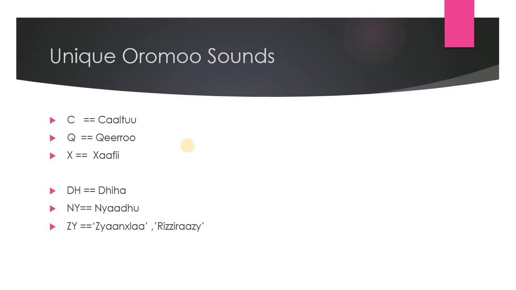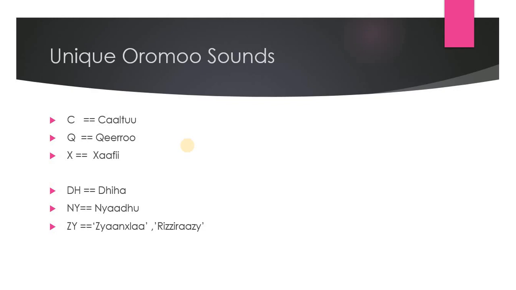B, D, F, G, H, I, J, K, L, M, N, O, P, R, S, T, U, V, W, Y, Z: these all have the same sound as we use them in English.